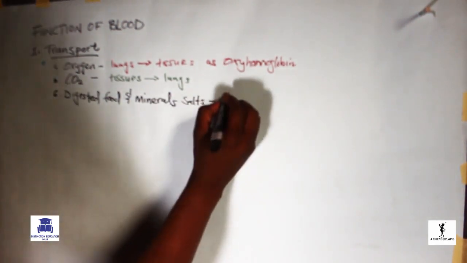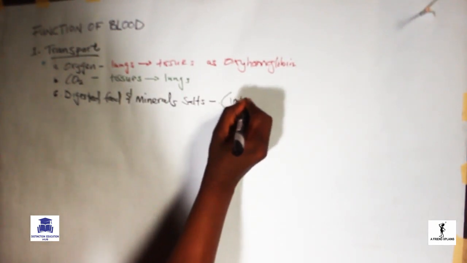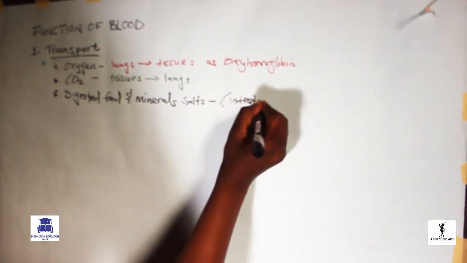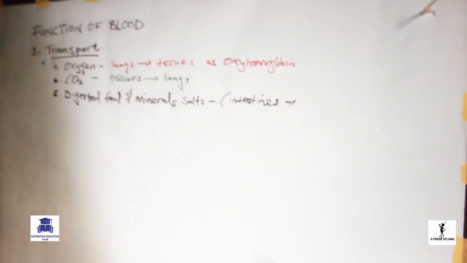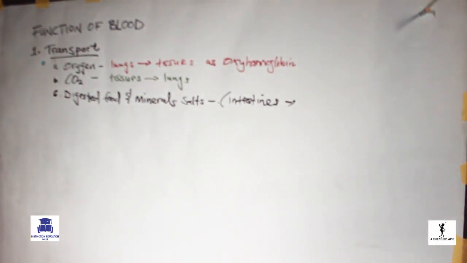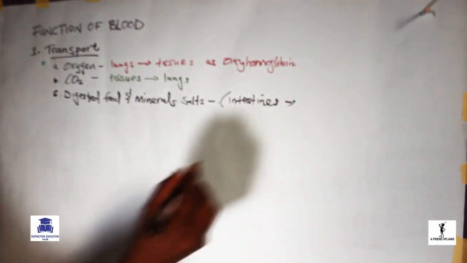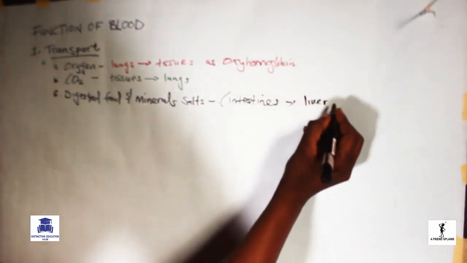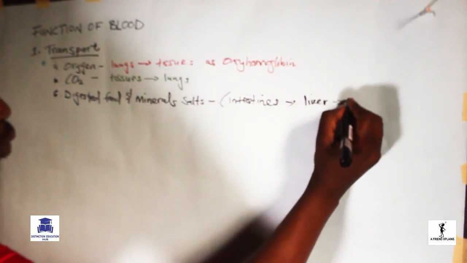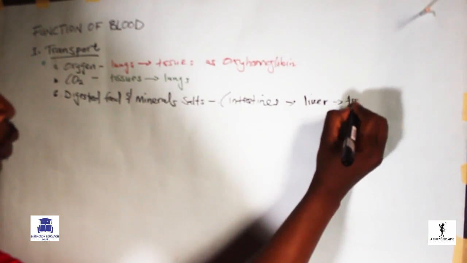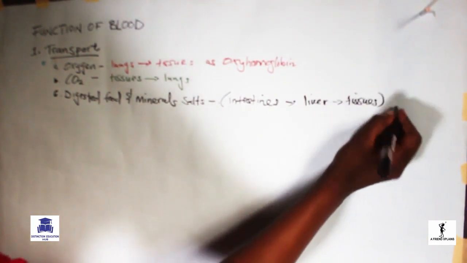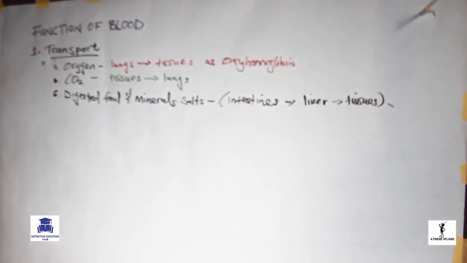So food is absorbed from the intestines and taken to the liver. After that, the food is also taken to the tissues, where it is needed to be used.